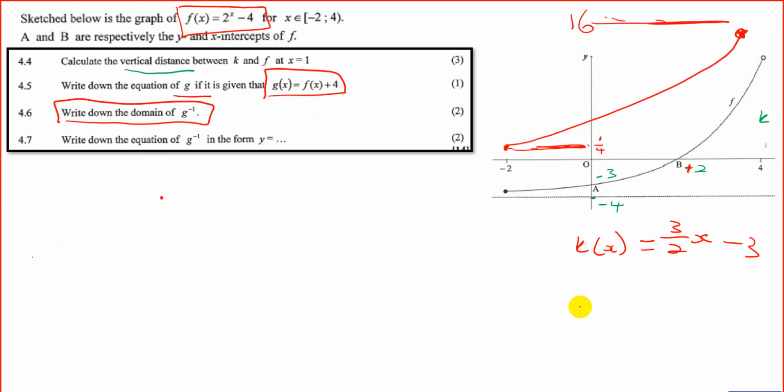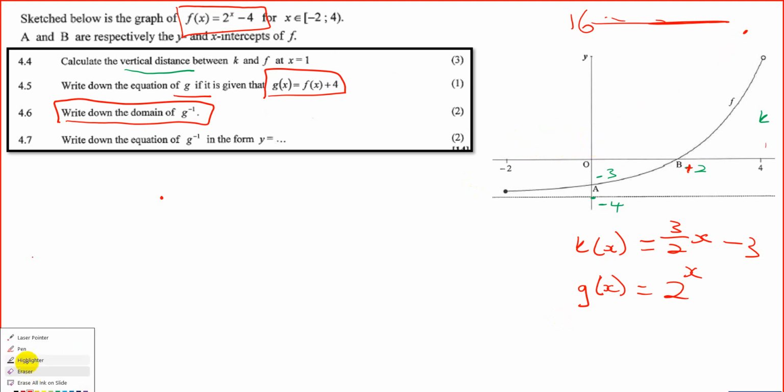Okay, so in the last question, I just want to write that down. We found g of x, which was equal to 2 to the power x. Now, what I've done is given you an idea of what this g of x would be looking like if we actually had to draw the g of x. Because it's a restricted domain, we have to look at the graph, and I'm going to redraw that very quickly for you.